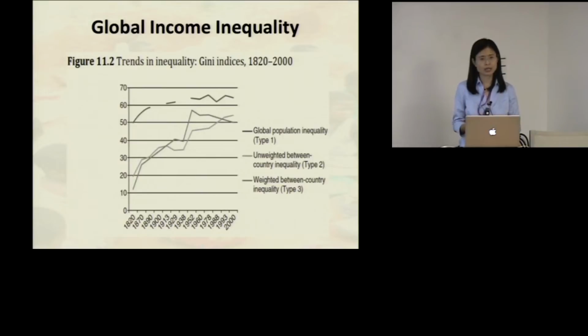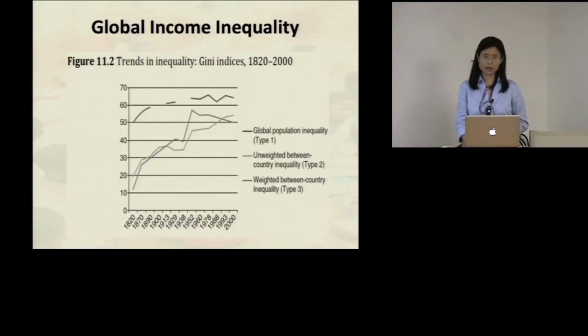So you have to take into consideration the size of the country. The result is the type 3 measure. It's the third line you see. The third line shows that income inequality was increasing until recently, but after World War II, it's decreasing.